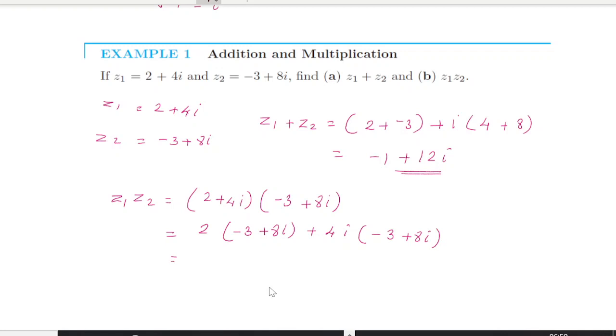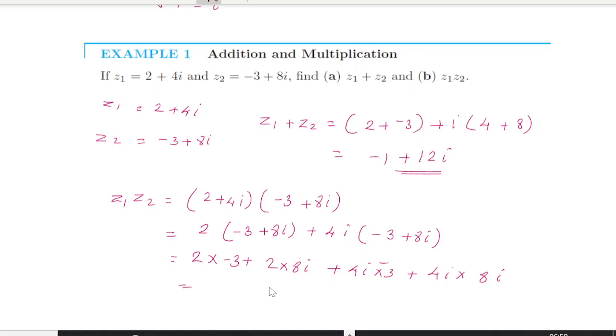So this is 2 into minus 3 plus 2 into 8i plus 4i into minus 3 plus 4i into 8i.